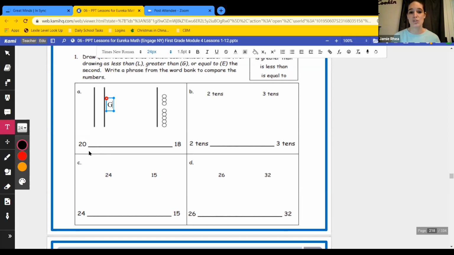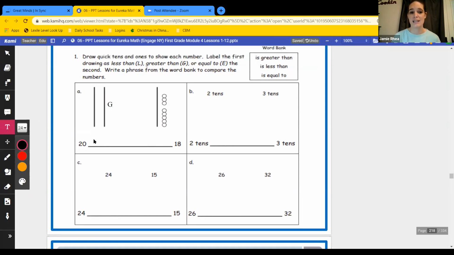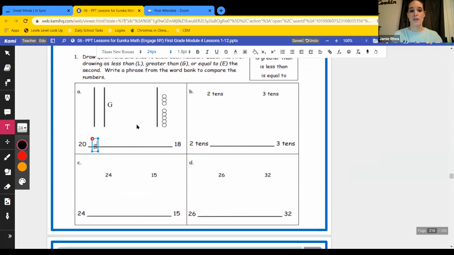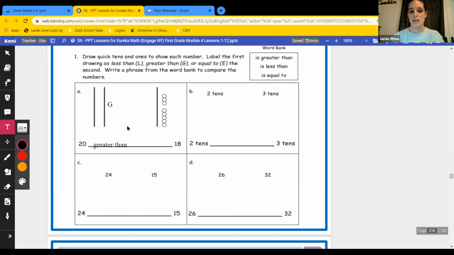Then it wants to write the phrase on the line to compare our two numbers. So 20 is greater than 18. Now, friends, you have to label and you have to write it out, okay? Type it. You don't have to write it. You can type it, just like I'm doing.